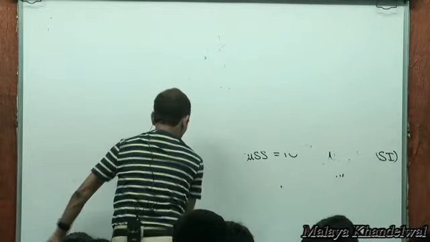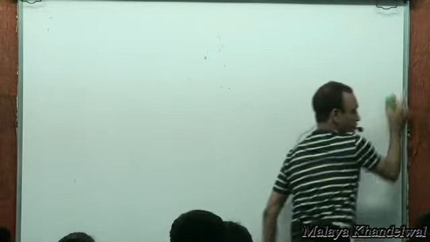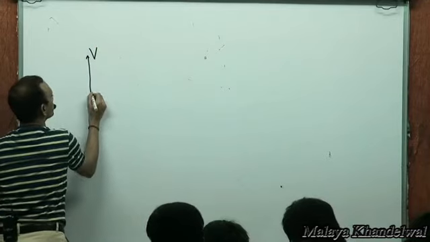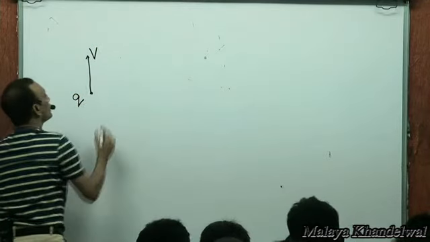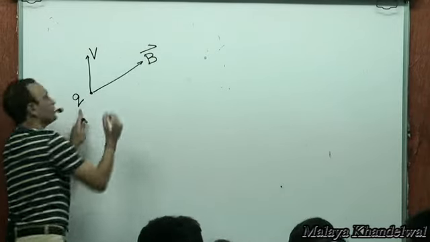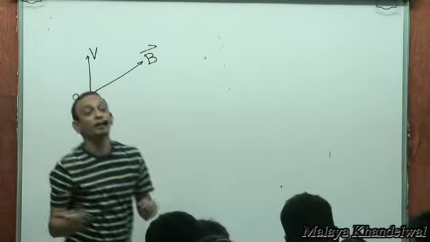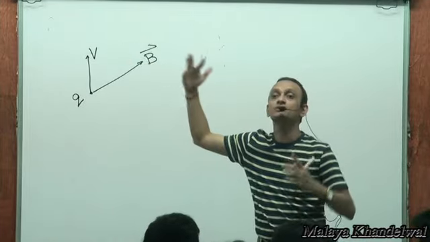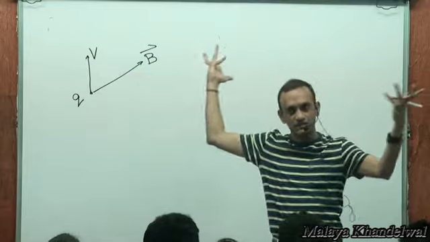In fact, if a charge Q that has a velocity V is exposed to a magnetic field B, see, it produces its own magnetic field, but it could also be exposed to the magnetic field of some other moving charges or some other magnets, right?